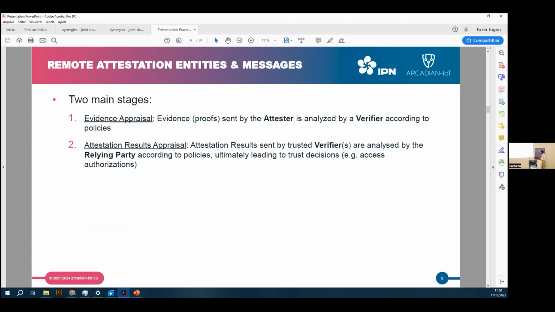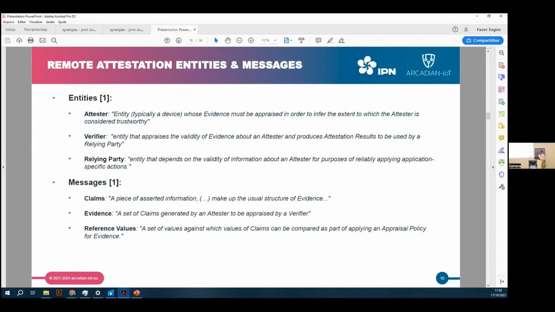With respect to the key entities involved in these procedures, we have three main ones. The attester, as you might already have understood, is the entity being attested or verified with respect to its trustworthiness. It's the entity whose evidence will be appraised in order to infer the extent to which it is considered trustworthy.